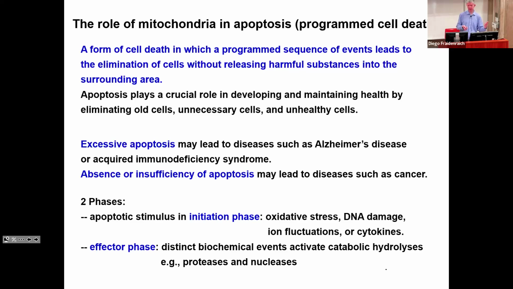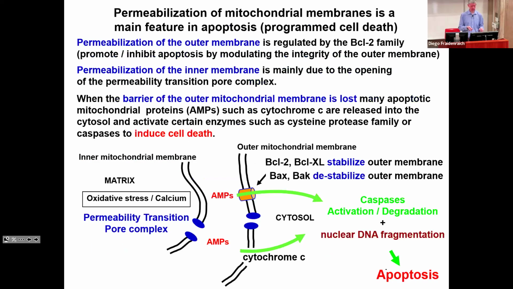Downstream of this are events that would induce degrading of the cells. So, for example, proteases and nucleases would be activated, and they would help to digest the DNA, proteins, membranes, and so on.